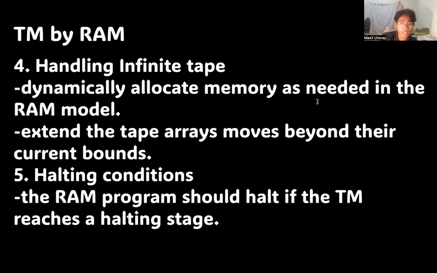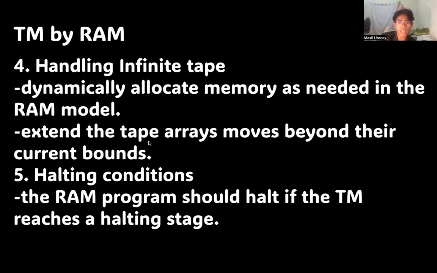Afterwards, we also handle the halting condition: the RAM program should halt if the Turing machine reaches a halting state. So for handling the infinite tape, we dynamically allocate memory in the RAM to extend the tape when it moves beyond the current bounds, and the RAM program halts when the Turing machine reaches a halting state. When we say halting, that's the indication that we have already stopped.